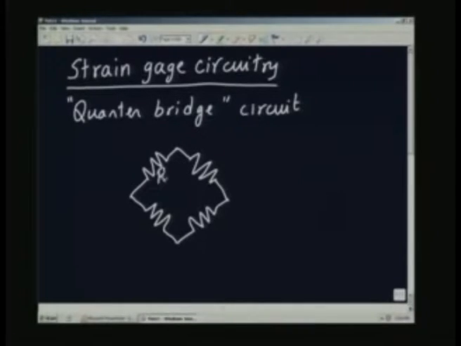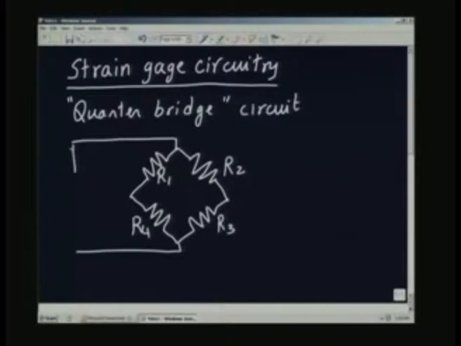So, we numbered them as R1, R2, R3 and R4, and we have an input voltage impressed by using a battery. So, this voltage is V supply, and we are going to measure the potential difference across these 2 points, and this we call V0 or VO.